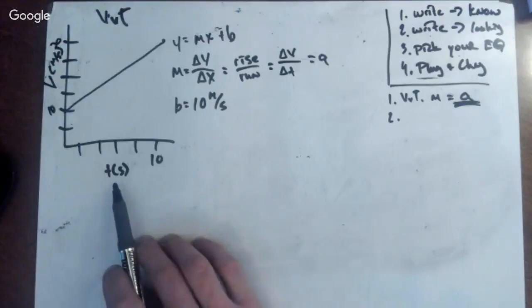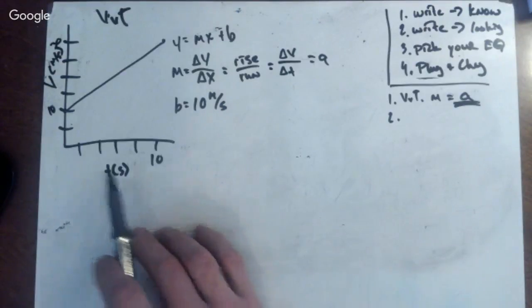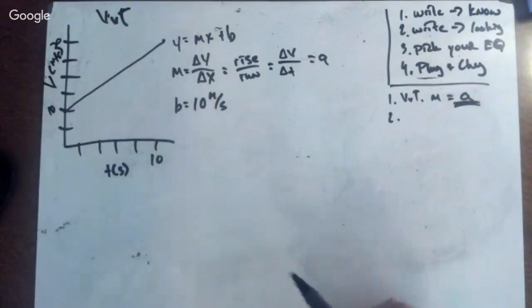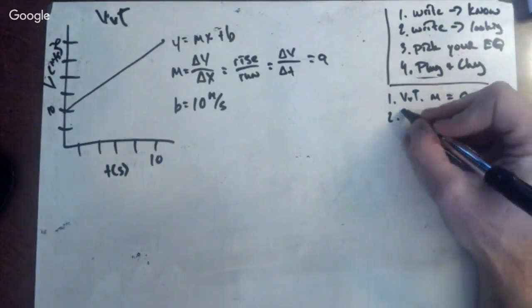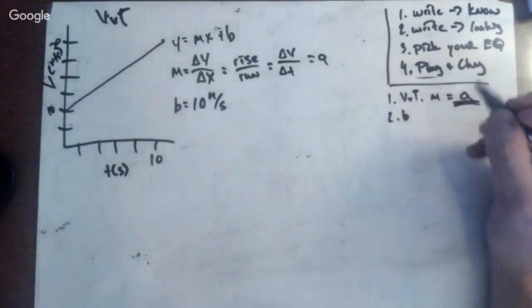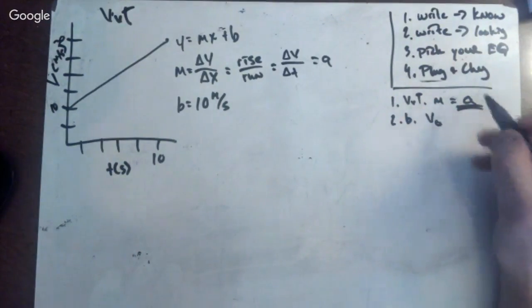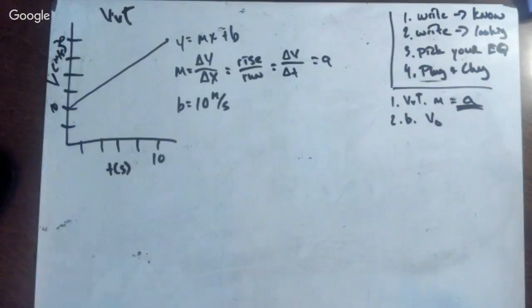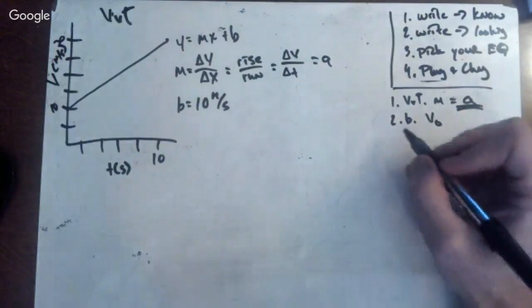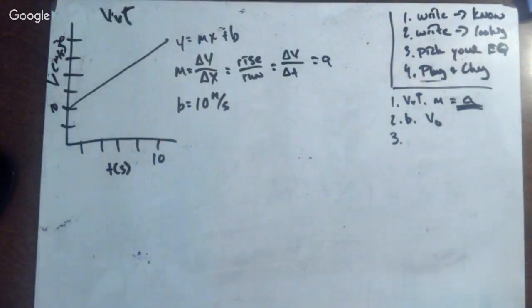Now x is time on this graph, so at time equals 0, we have a velocity of 10 meters per second. So on a velocity versus time graph, our y-intercept is our initial velocity, our v0. Okay, just in case anybody's quiz asks that question.